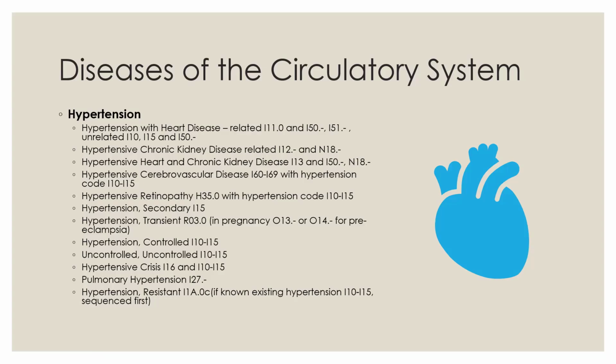is assigned to a code from category I11 for hypertensive heart disease. You'll want to make sure that you use an additional code or codes from category I50 for heart failure or I51 for complications and ill-defined descriptions of heart disease to identify the heart condition.